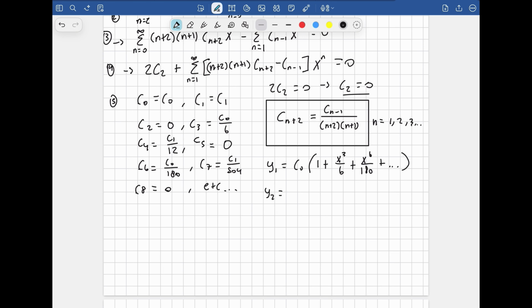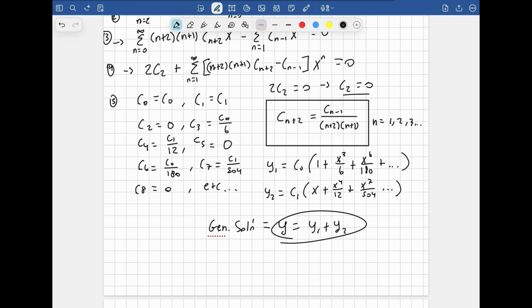And our second solution, gathering the c1 terms, is x plus x to the 4th over 12 plus x to the 7th over 504 dot dot dot. And our general solution will just be y1 plus y2. I'm not going to write that out because we have them right here.